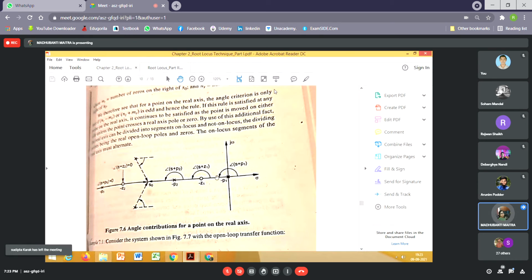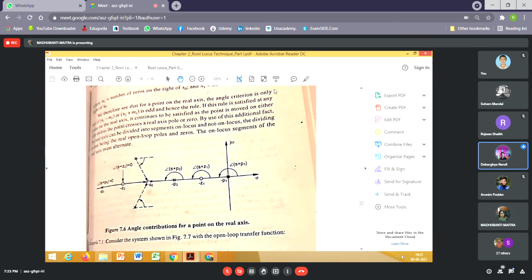So this is one segment, this is another segment, this is another segment, and this particular segment is another segment, and this segment has infinite length. Have you understood this? So what is the first observation? The observation is real open loop poles and zeros are dividing the real axis into segments. Clear?